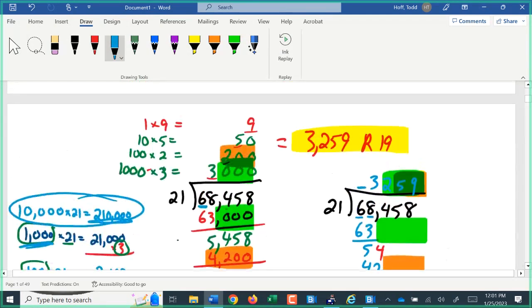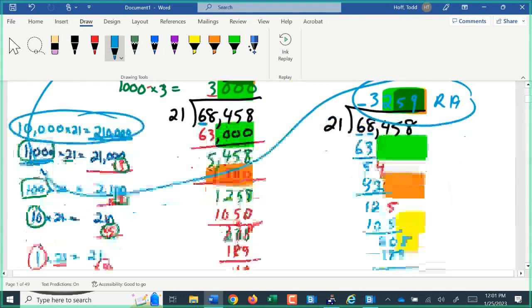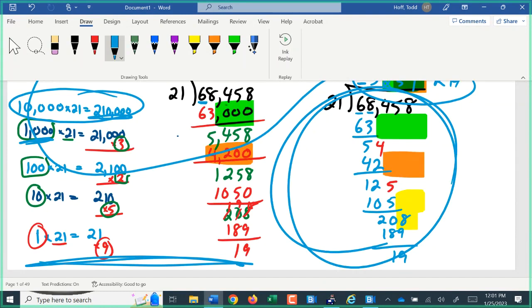So what we were taught is this whole process here. We just left out a lot. We skipped a lot of steps. We didn't write them out, or we did them in our head by only looking at certain digits instead of the whole number. But all this really is, this whole process of long division that we were taught, is just this organized method of doing repeated subtraction.